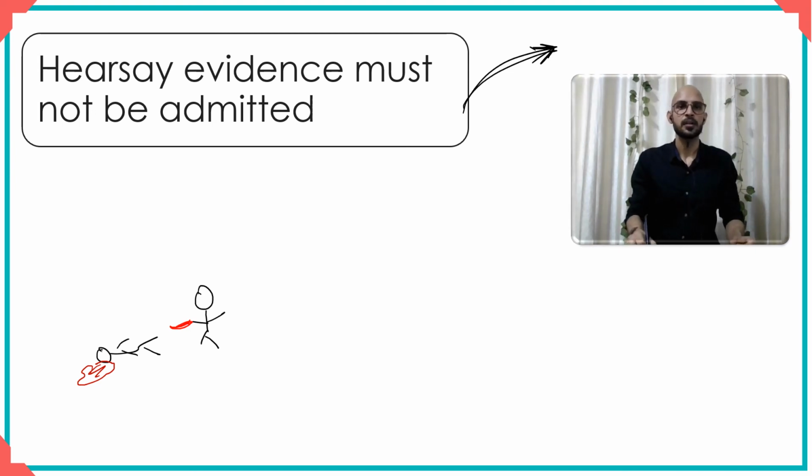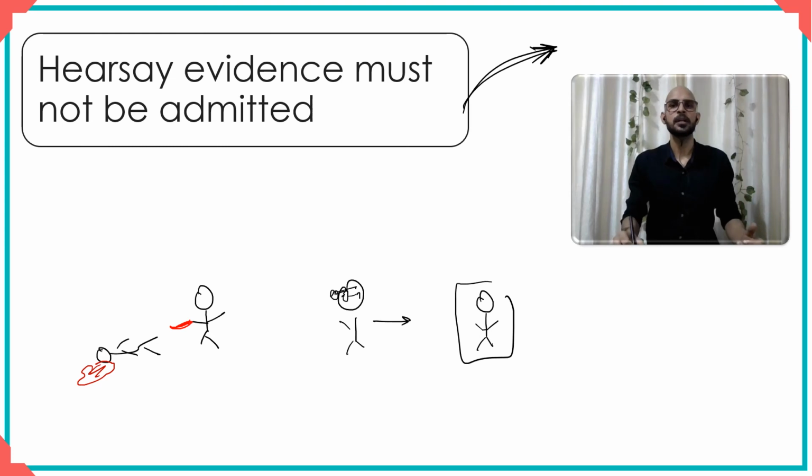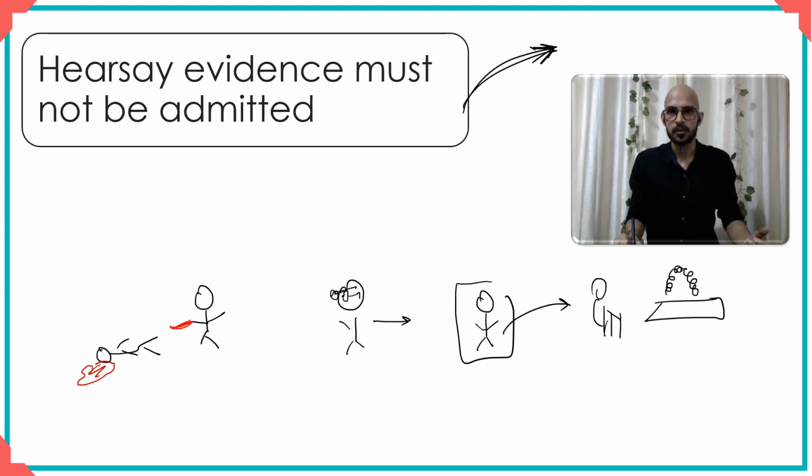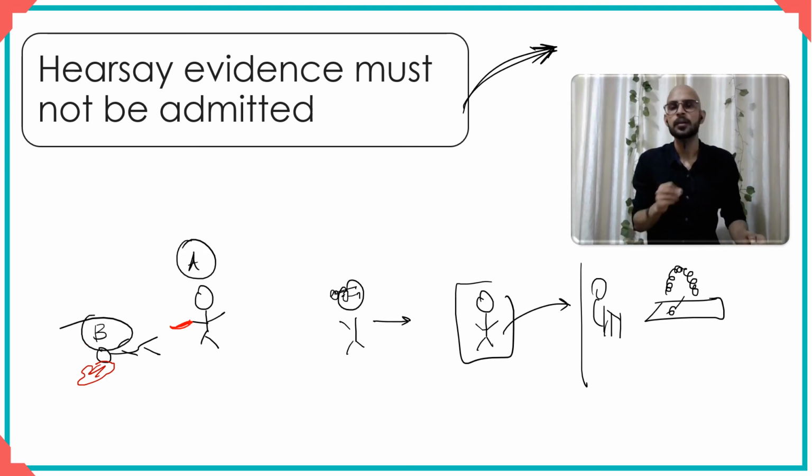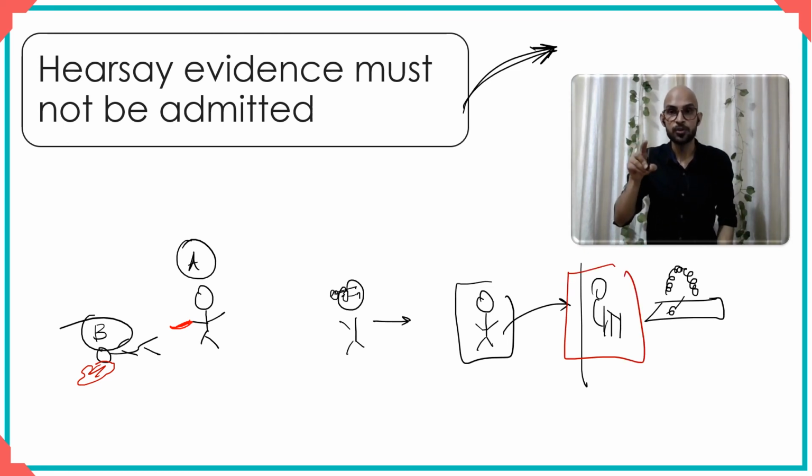Now this was seen by this person here, right? So this person saw it. Now what this person does is that he goes and tells his friend that he's seen something, and now this person goes to the court and deposes before the judge that A killed B. Now what the court concerns itself with is that, sir, before I admit what you are saying, I first need to know whether you actually saw what you're speaking of.